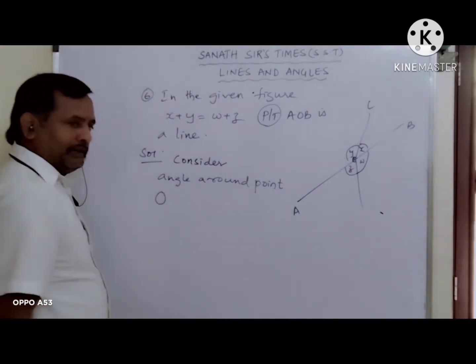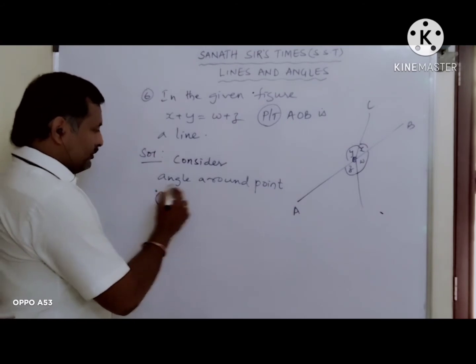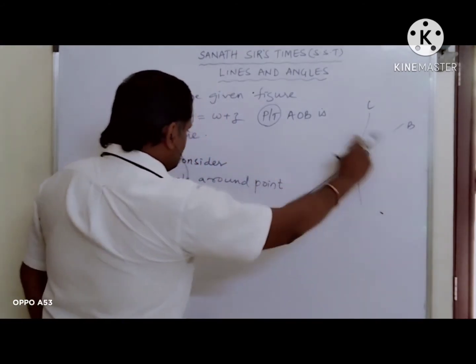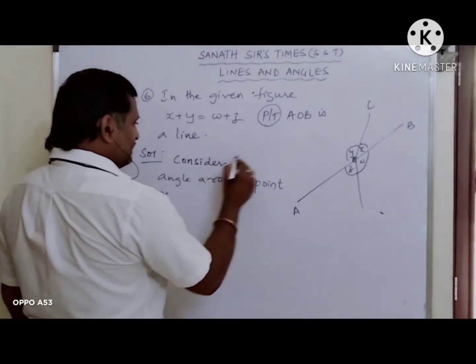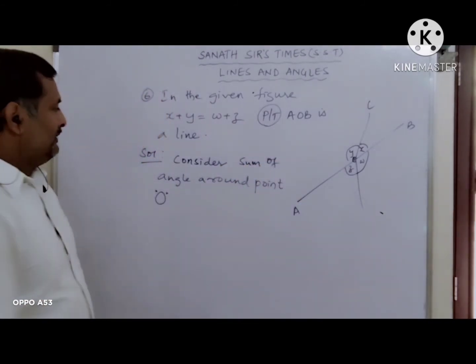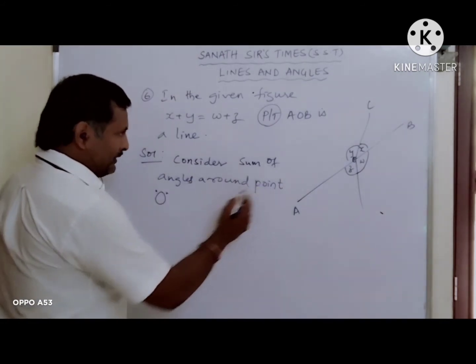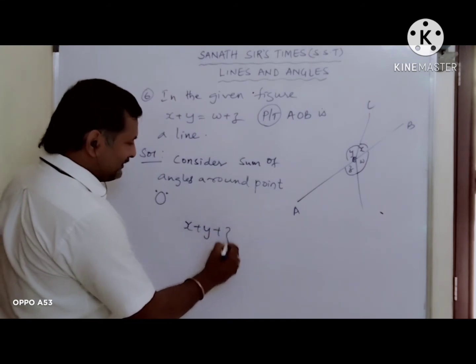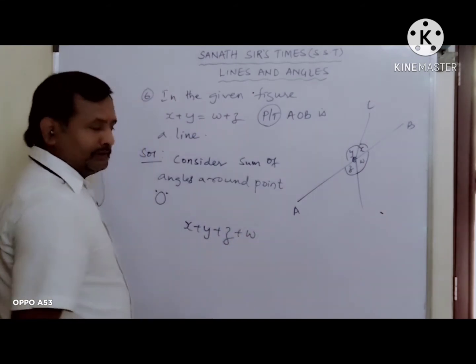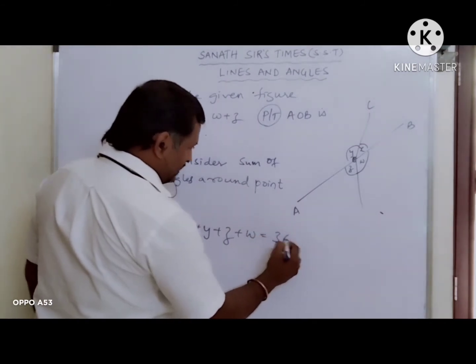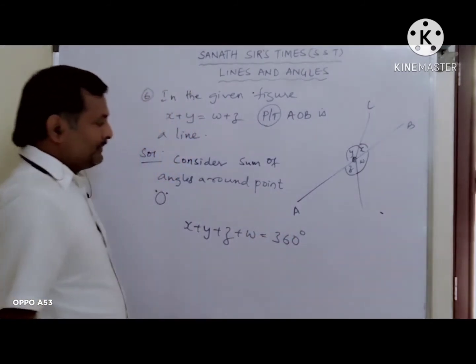Now this is the point O. Consider the sum of angles around the point. When you look at them, x plus y plus z plus w, these are the 4 angles around the point O, and they must be equal to 360 degrees.